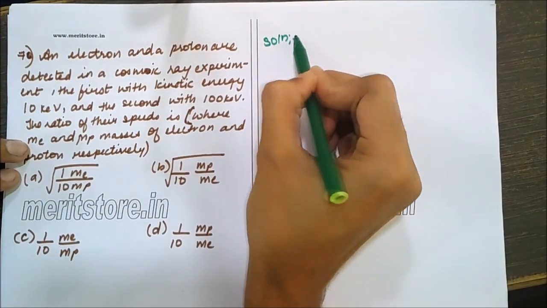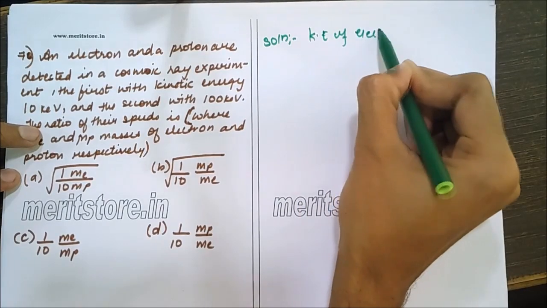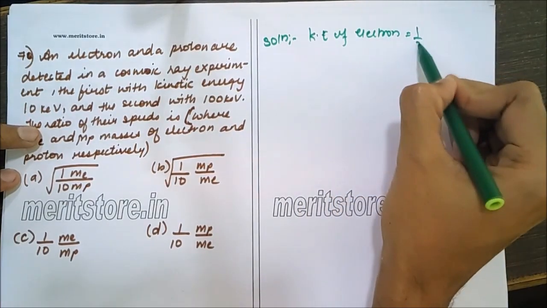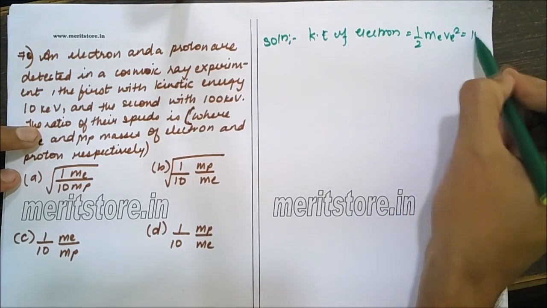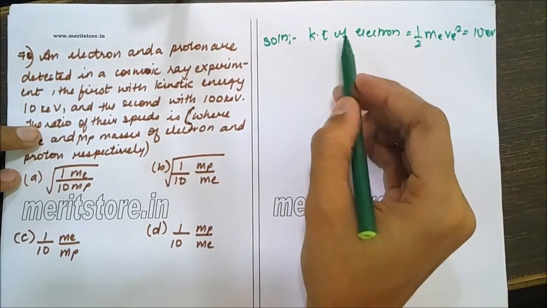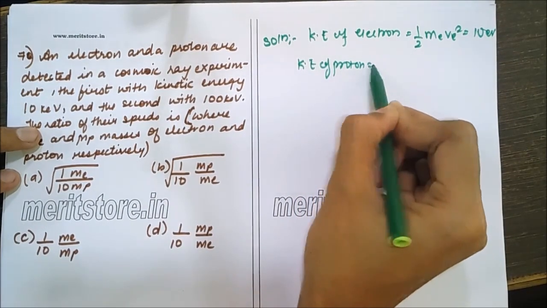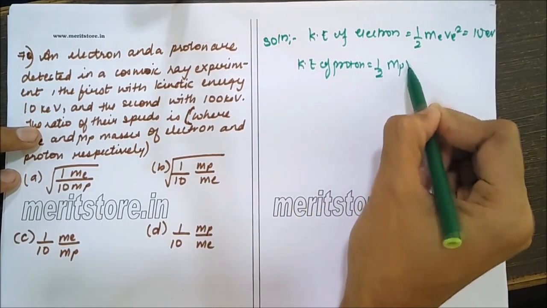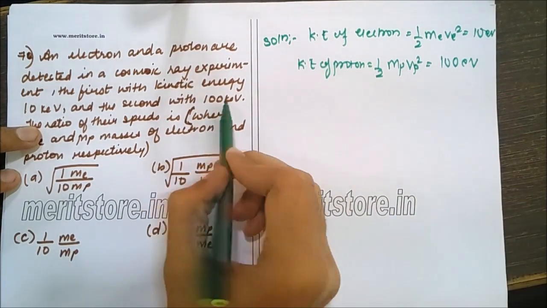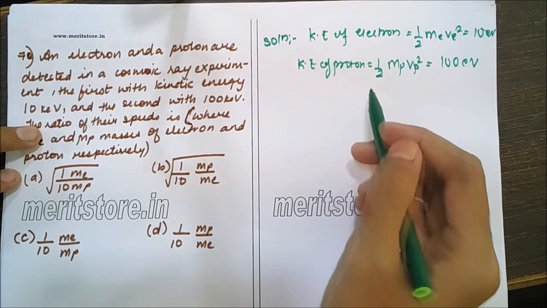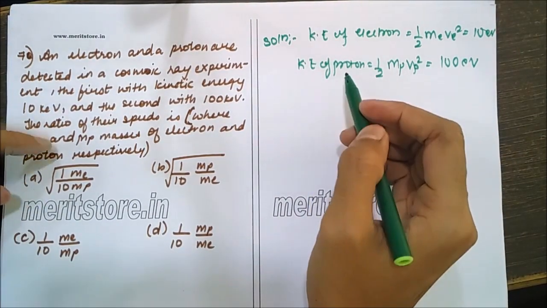Okay, so the kinetic energy of the electron is equal to half me ve square, given as 10 keV, and the kinetic energy of the proton is equal to half mp vp square, which is equal to 100 keV. So we have the kinetic energies of both the electron and the proton.